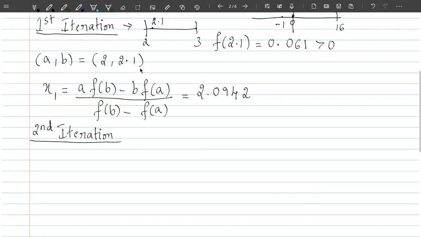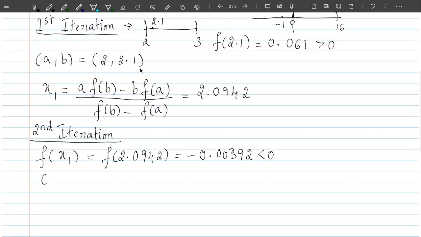So what we do in this case is we calculate the value of f of x1. So we calculate the value of f of 2.0942. What is the value of f of 2.0942? That's equal to minus 0.00392, which is a negative value.